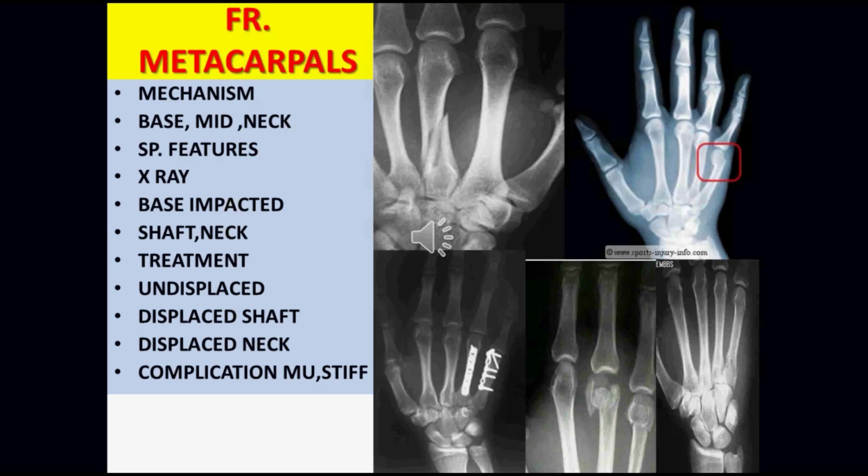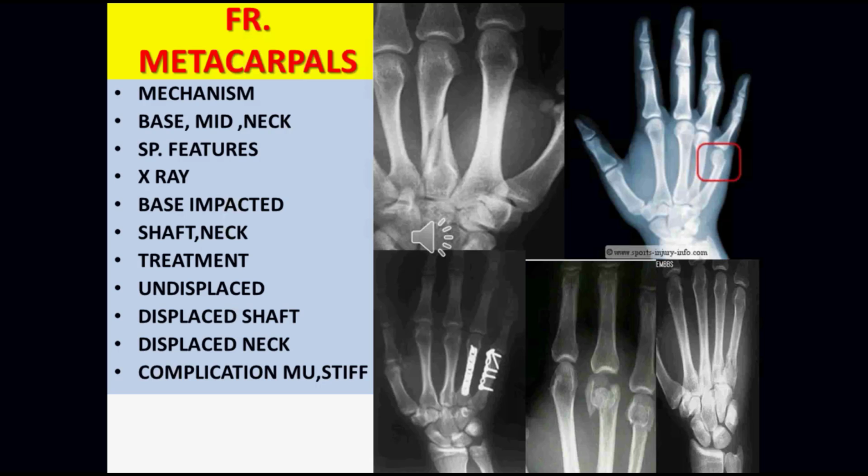Displaced fracture of the metacarpal neck: angulation up to 50 degrees in the fourth and fifth metacarpals and 20 degrees in the second and third can be accepted. All other displaced metacarpal fractures should be reduced by traction and pressure. Reduction is maintained by a slab.